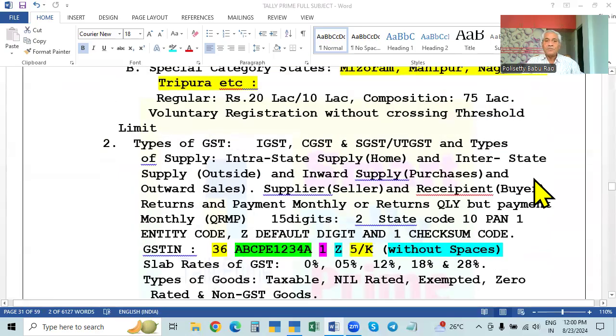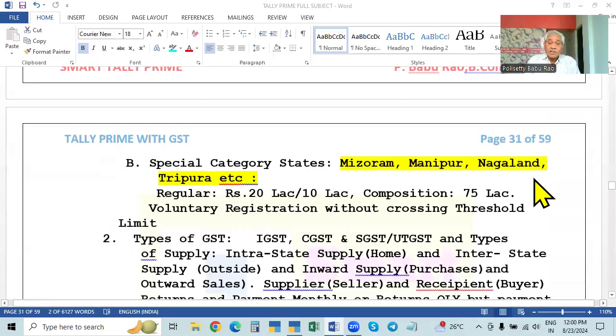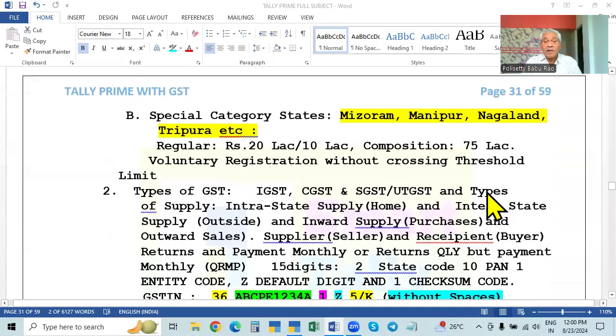Now, in some cases, even though the limit is not crossed, they have to get registration. Compulsory registration applies even without crossing the limit. For example, businesses selling pan masala, ice creams, tobacco products, and bricks, making bricks from ash, all these businesses.